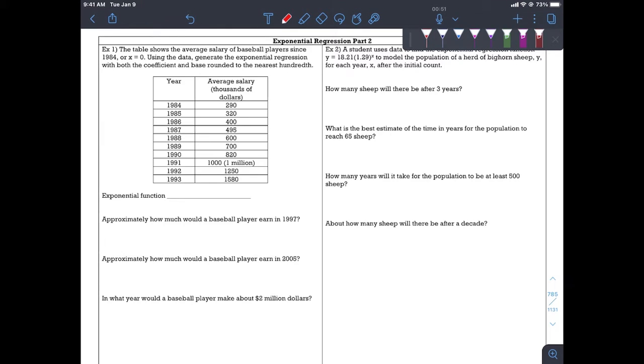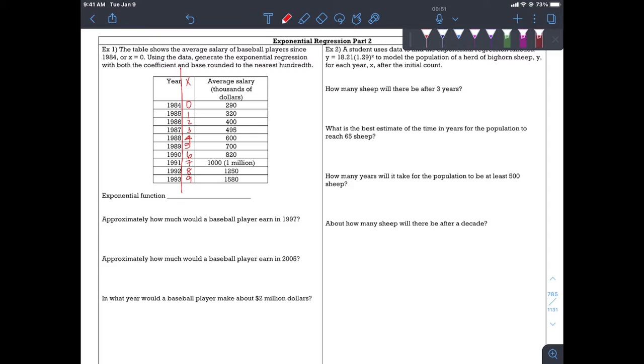So, first problem. The table shows the average salary of baseball players since 1984, or x equals 0. So I'm going to put my x's over here, and the reason why I'm doing that is we always want to start, for these particular problems, with our initial time, or whatever our x unit is, as 0, our y-intercept.